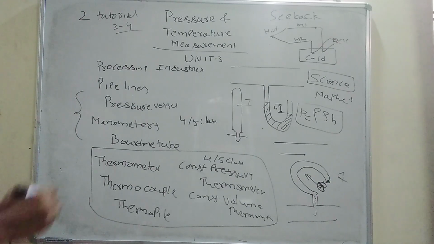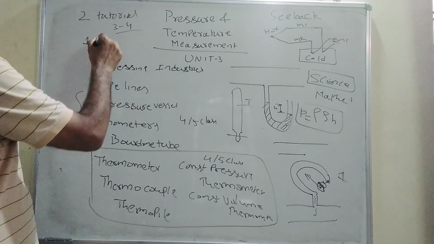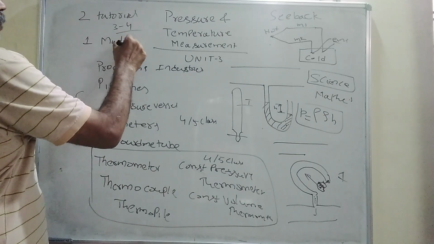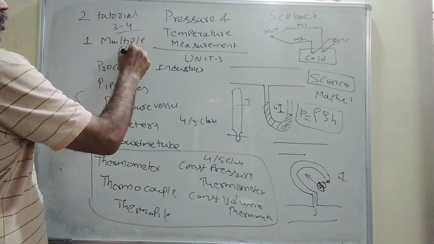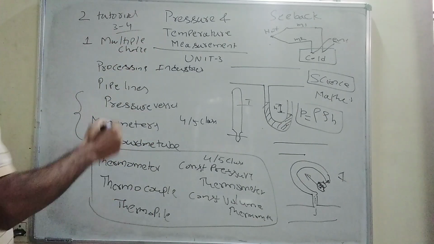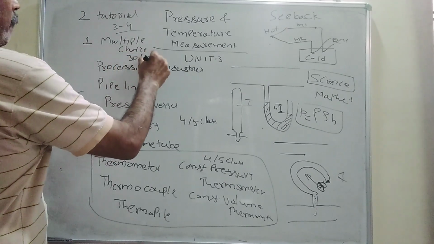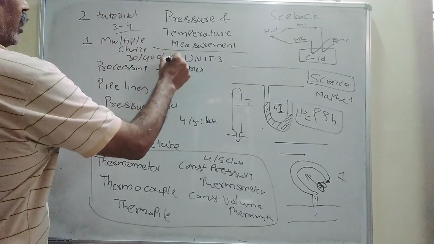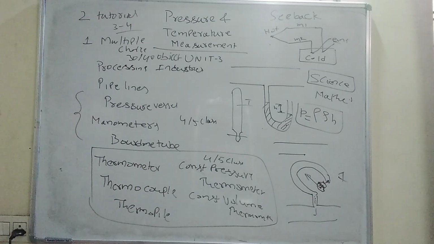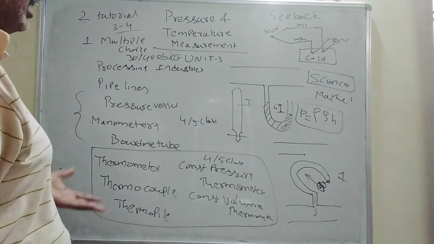And one class you can go for multiple choice questions, and from these you can generate some 30 to 40 objective questions. You can read them one by one and ask students to answer, and you can tell the answer and explain the concept.